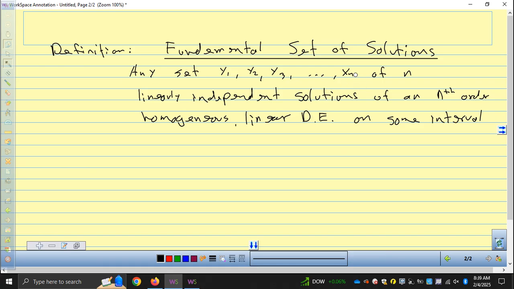If we can find n linearly independent solutions, we call that a fundamental set of solutions. So we have an nth order linear homogeneous differential equation. If we can find n solutions, we call that a fundamental set of solutions.